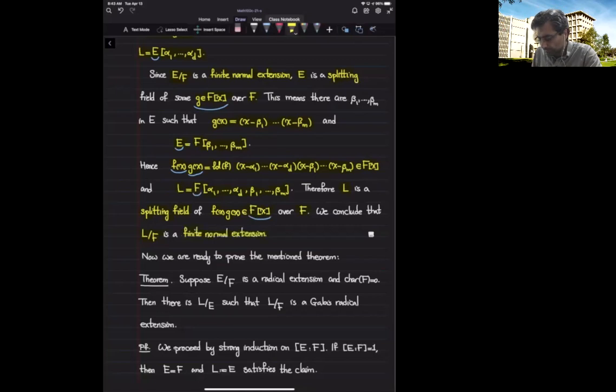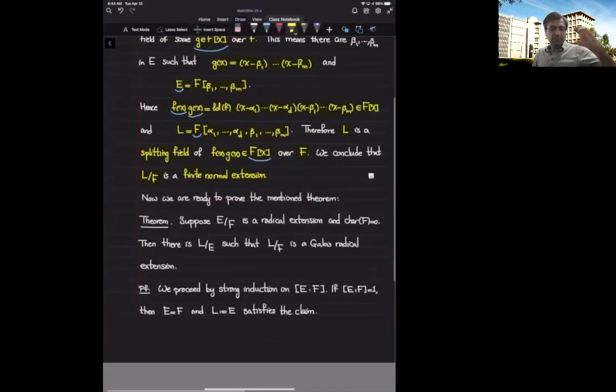Okay, so this is a technique where we can start with some normal extension and create other normal extensions on top of it, by considering polynomials with coefficients inside the base field and taking the splitting field of this polynomial over the top one.